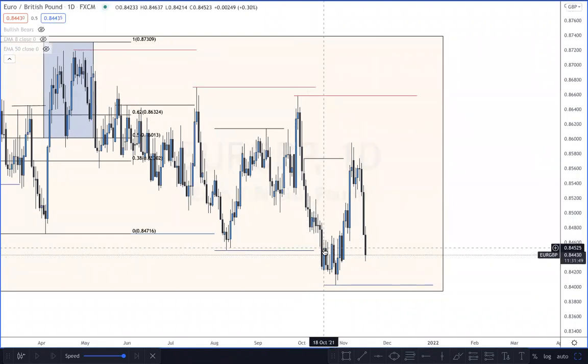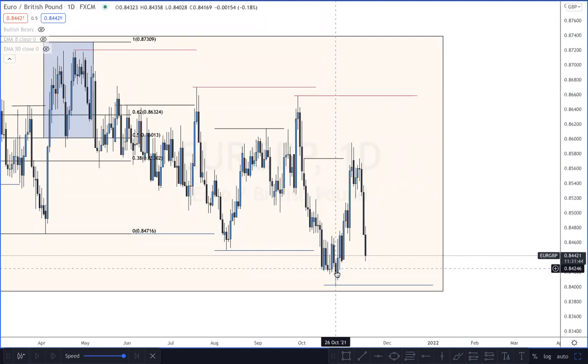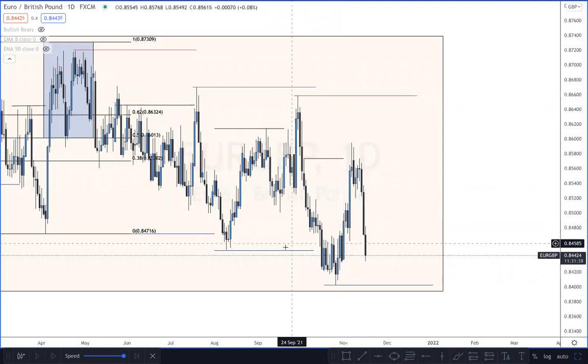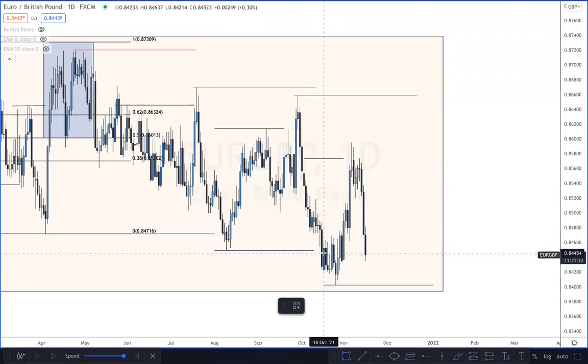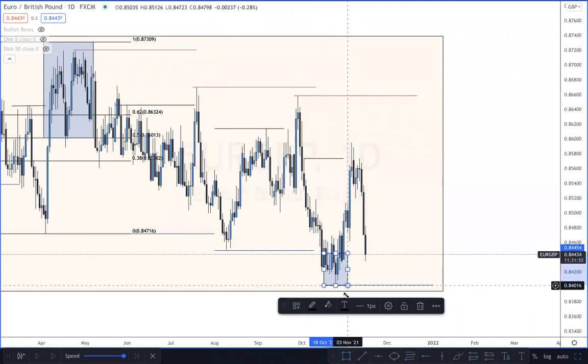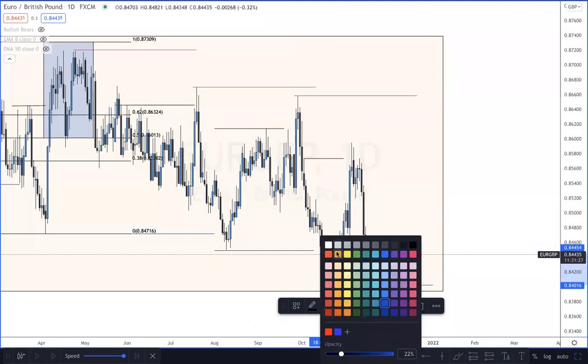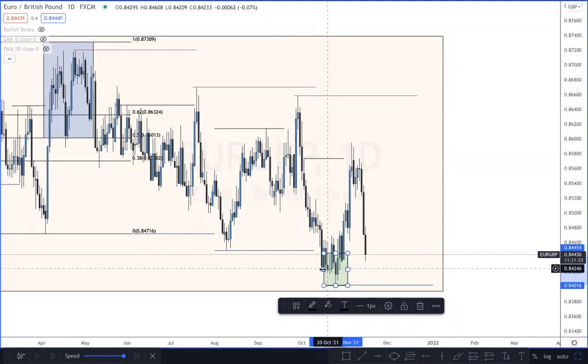Look here. Every sell opportunity you were able to take off this area was wiped out by what? One candle. Why? Because this area, we don't sell. What do I mean? These areas, we don't sell. Let's change the color to green.